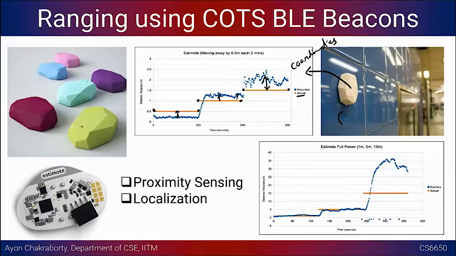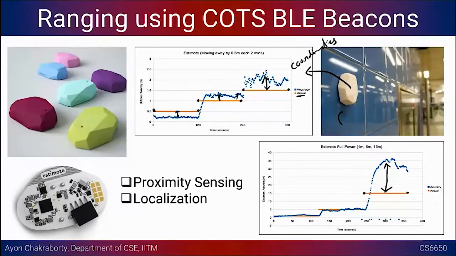And if you keep it at higher distances, where your actual distance could be, let's say, 15 meters, in that range it could be totally wrong. There will be so many obstacles, and the path loss becomes very unpredictable at higher distances from the beacon, or from these anchors.